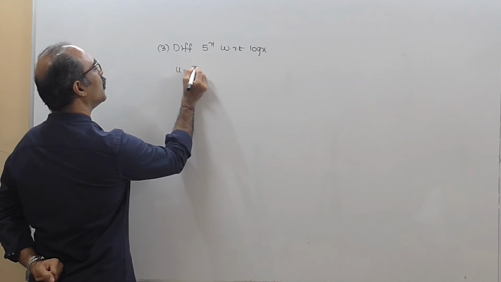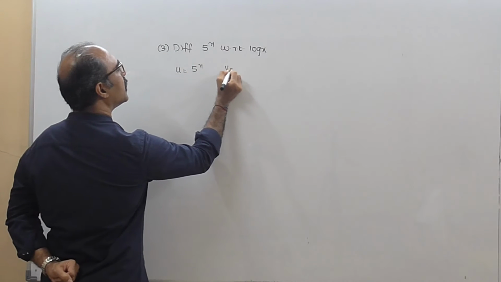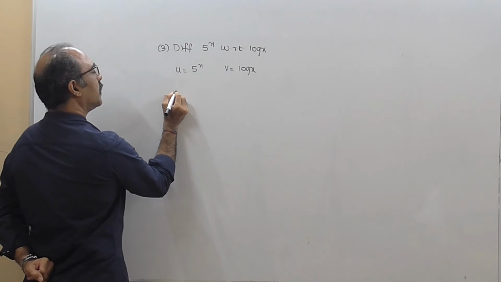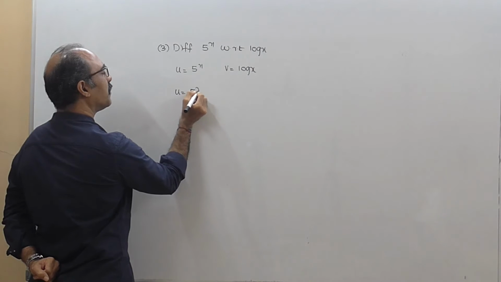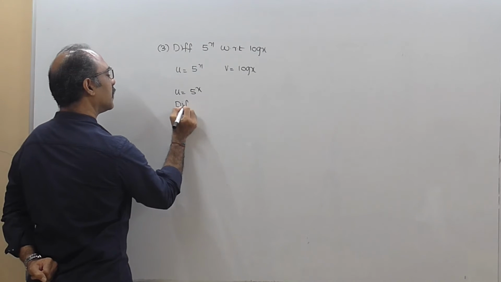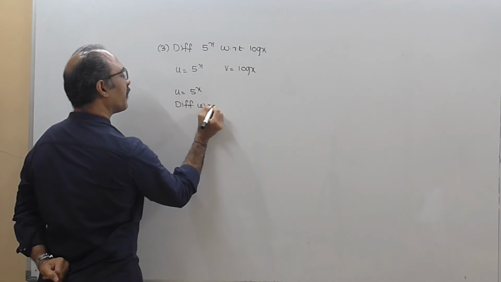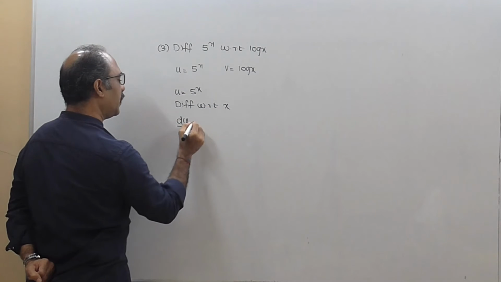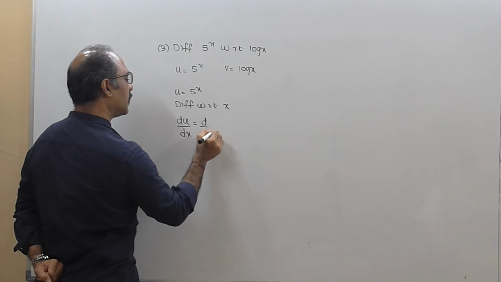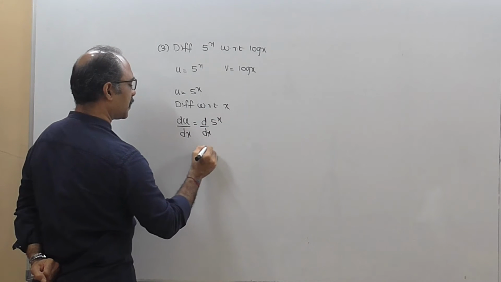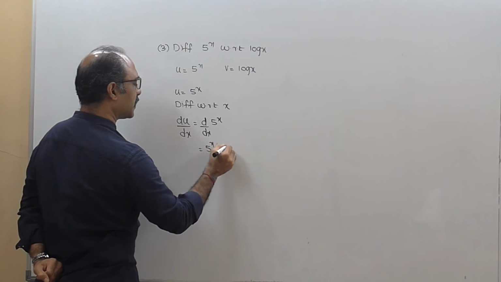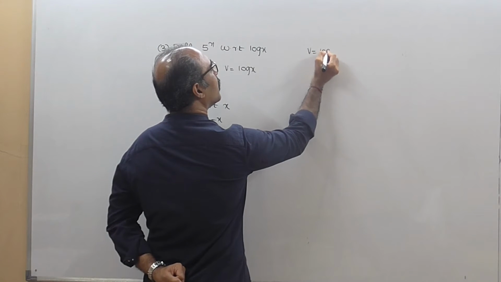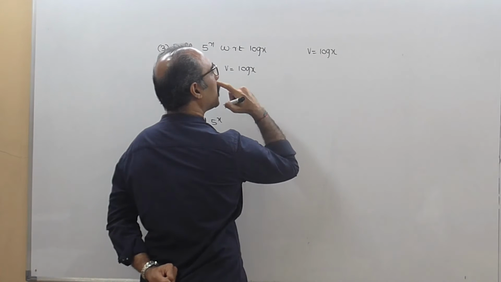Make an assumption u equal to 5 raised to x and v equal to log x. u equal to 5 raised to x. Differentiate with respect to x. We get du by dx equal to d by dx of 5 raised to x. Derivative of 5 raised to x is 5 raised to x log 5. v equal to log x.